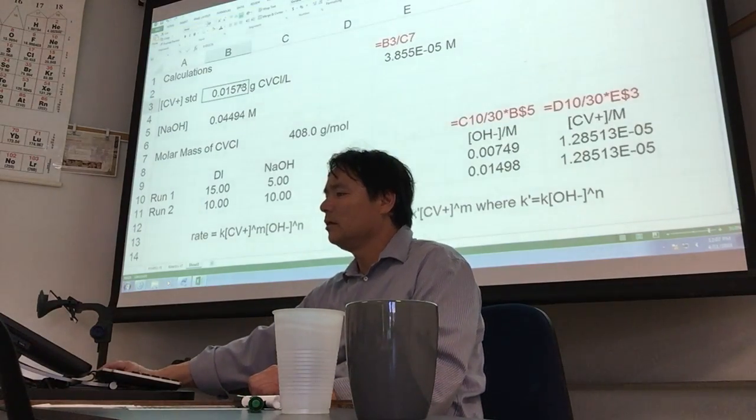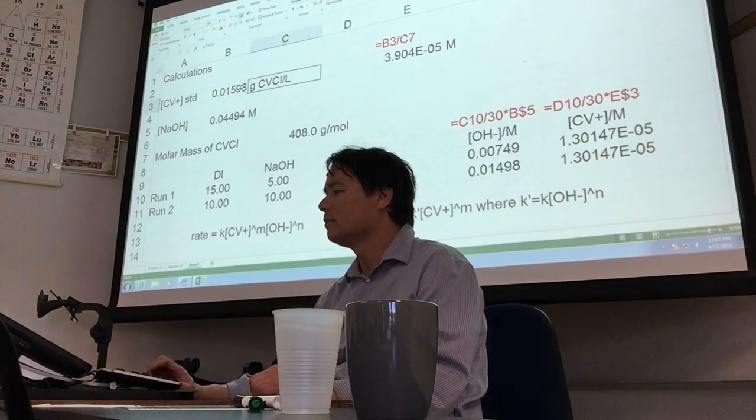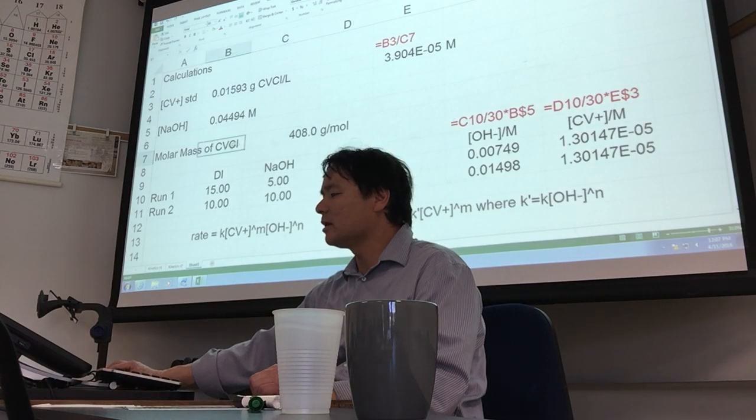Okay. So the standard is 0.01593, so I changed that concentration. That's in grams per liter. I don't want that. I want it in molarity. And so I have the molar mass I calculated down here, 408. And so if I take the grams divided by the molar mass, I'll get moles per liter.